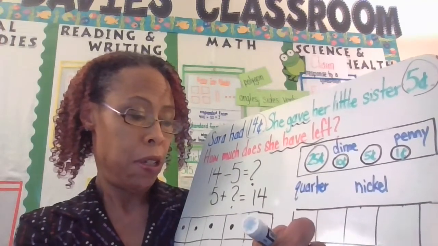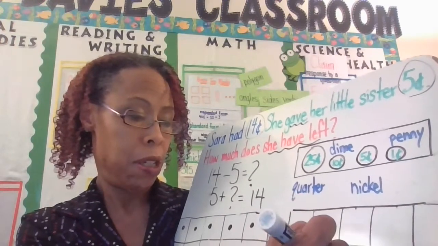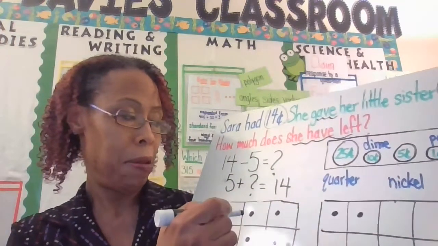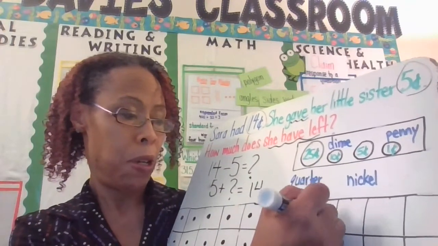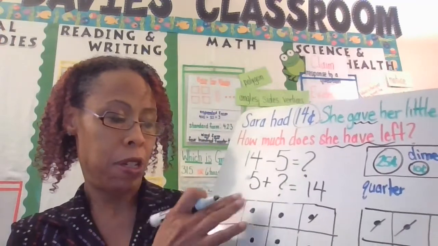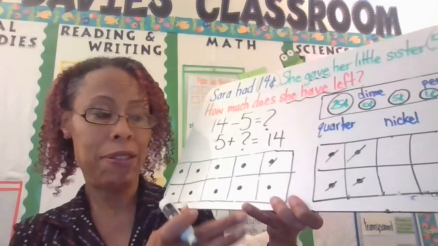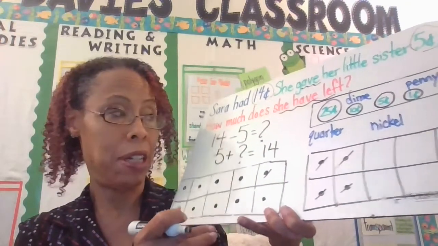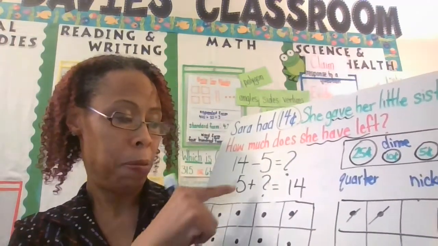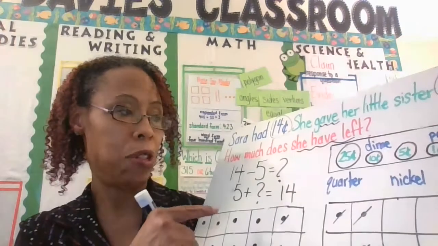So we have 14, all right, and then minus 5. 1, 2, 3, 4, and 5. All right, so we have 1 less than 10, so we have 9 left, 9 remaining. We also know that 5 plus 9 equals 14.